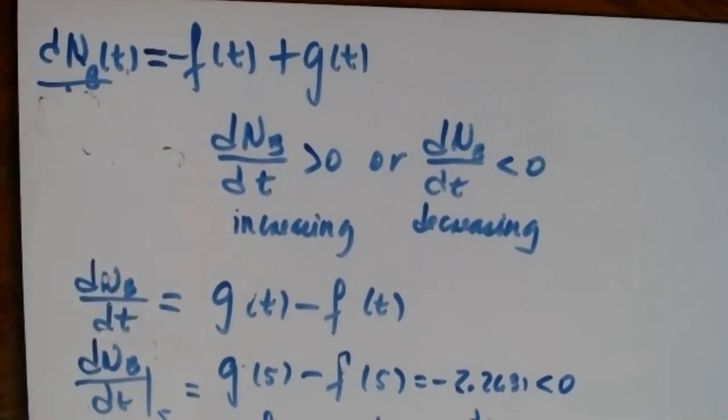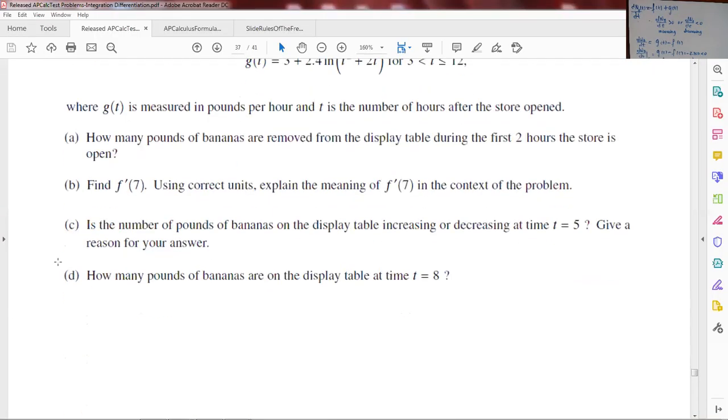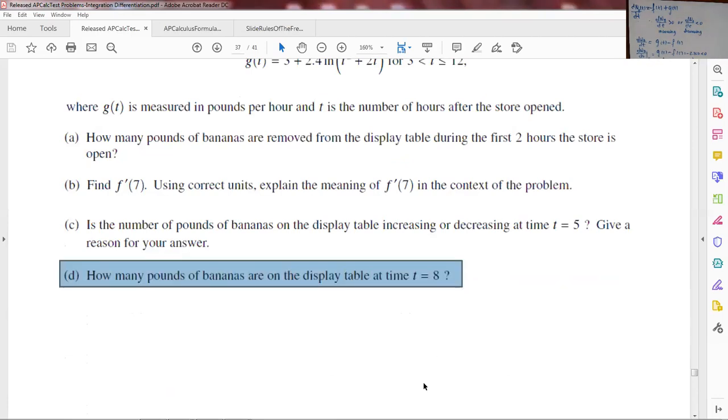Yes. Okay, last question. Last problem here. How many pounds of bananas are on the display table at time t equals 8? So I have this one. So it's N_B at 8.